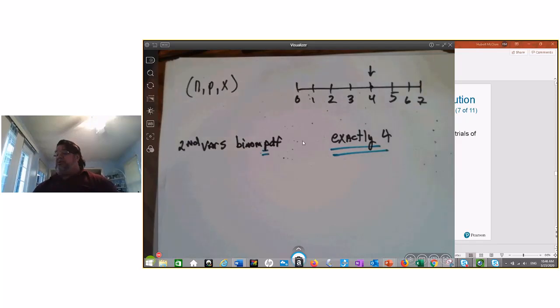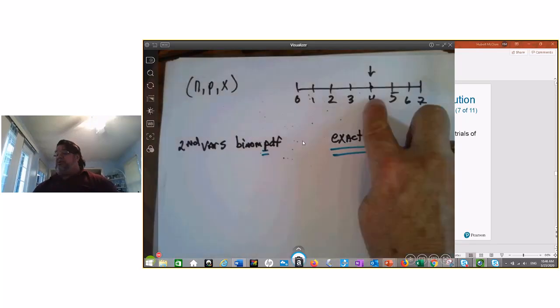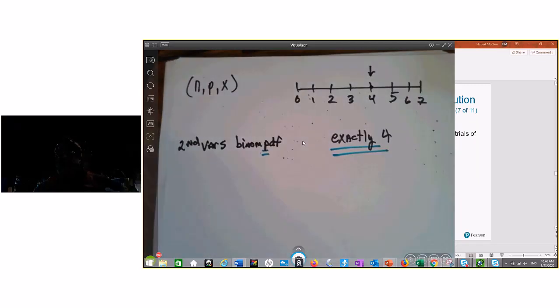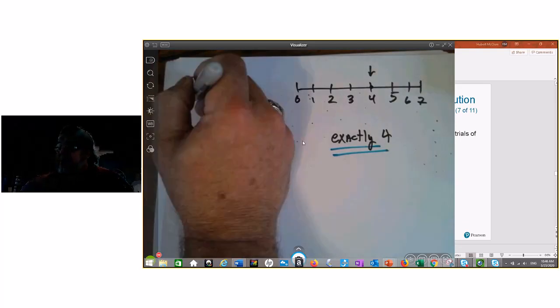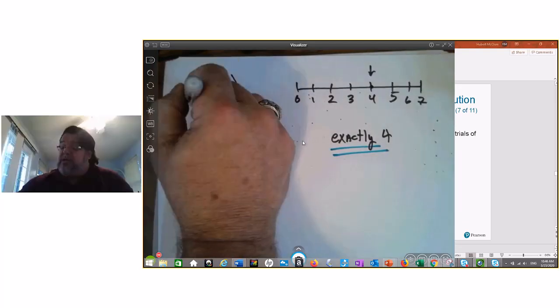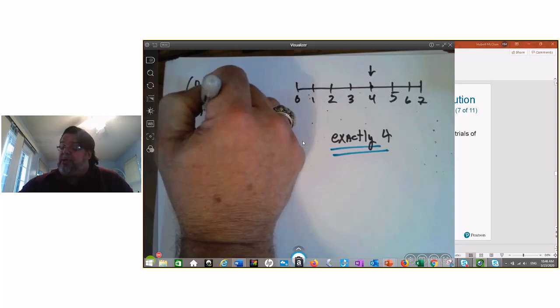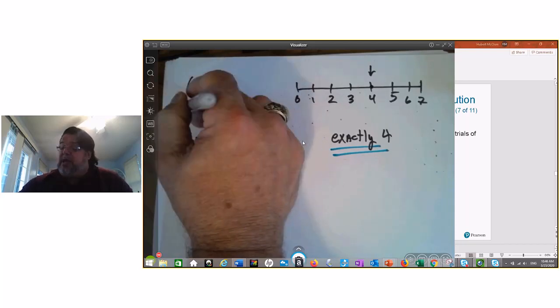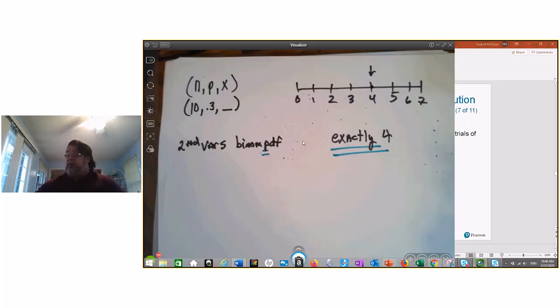What is the probability of 4 flips coming up tails, or 4 flips coming up heads, or whatever the case may be? They may give you n is equal to 10, p is equal to 0.3, and then x is what? In this case, they're going to say, what if x is exactly 4? Okay?